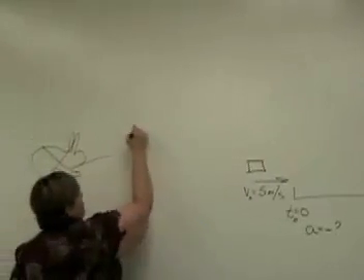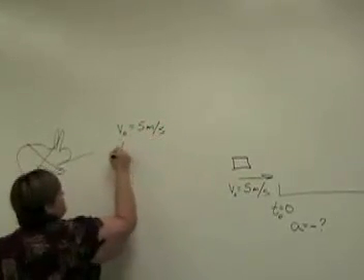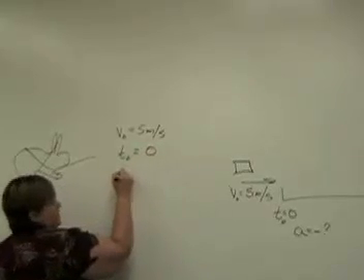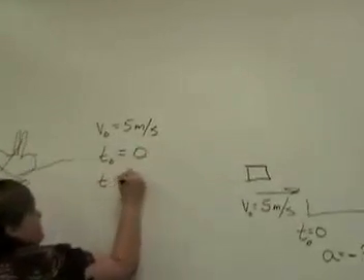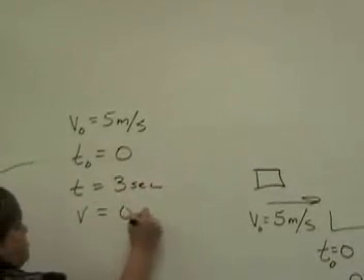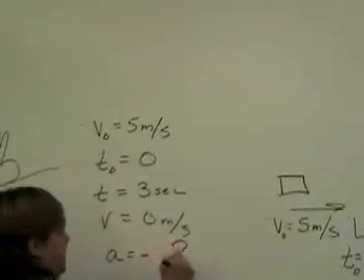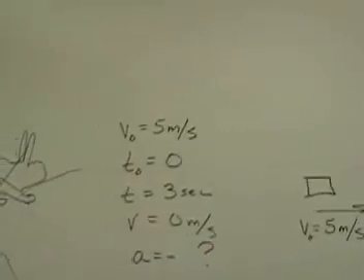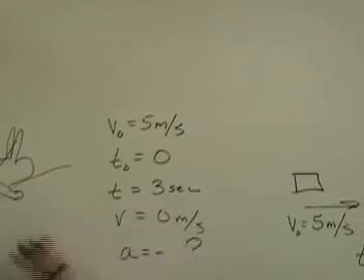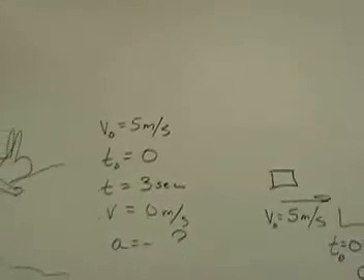So they're going to have V naught equals 5 meters per second. T naught equals 0. They'll say T is 3 seconds, and V is 0 meters per second, and then they'll simply write acceleration equals negative that. Now, both work just fine, no problems whatsoever.